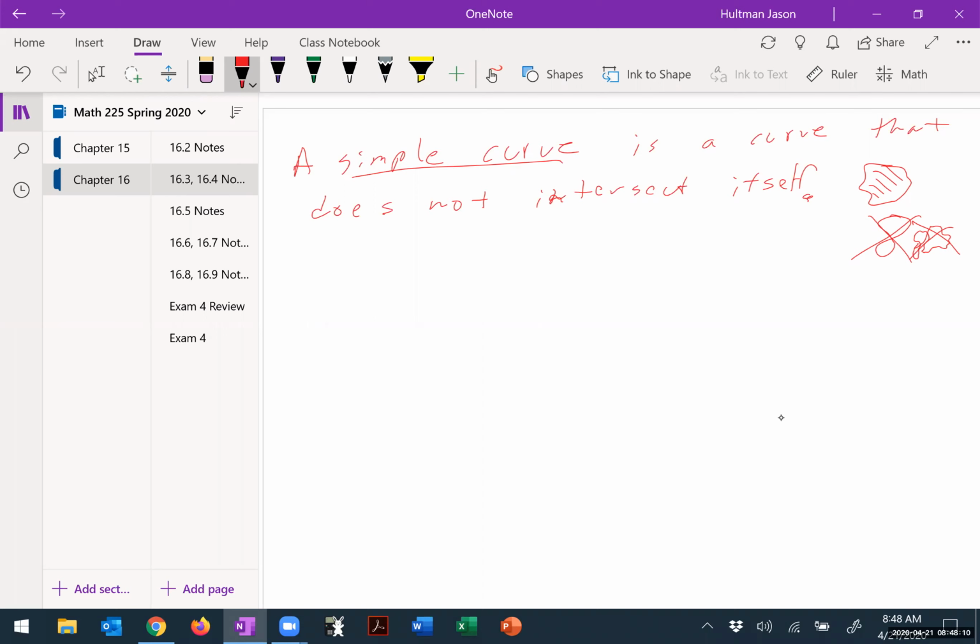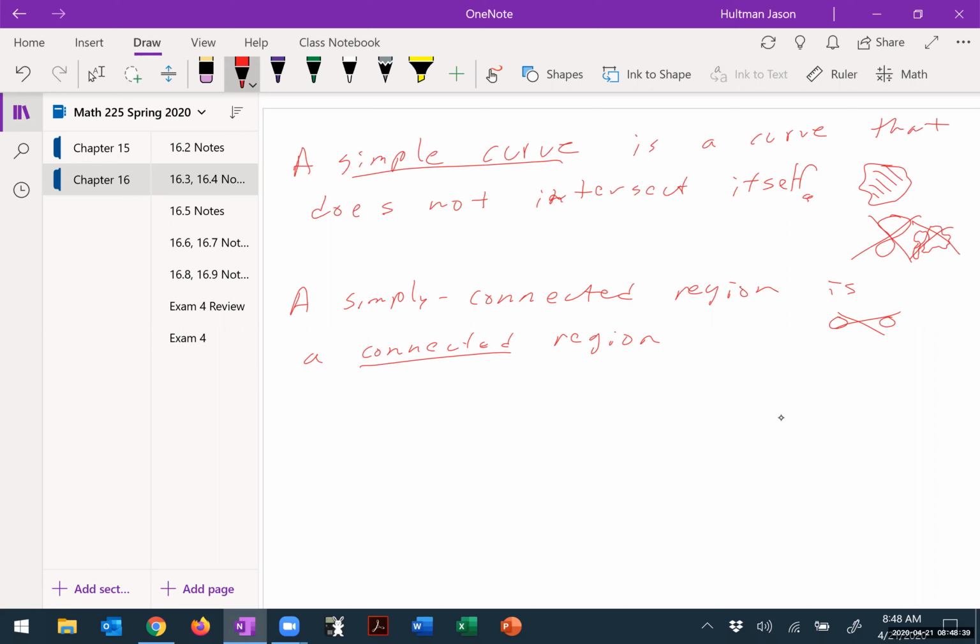A simply connected region is a connected region. What does connected mean? Again, we do not want this. These are regions that are not connected.